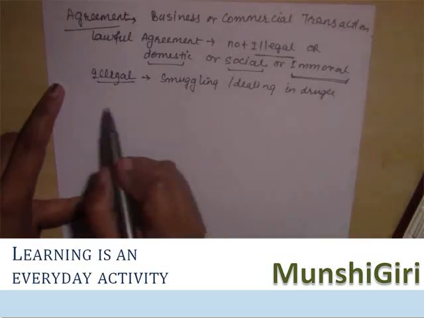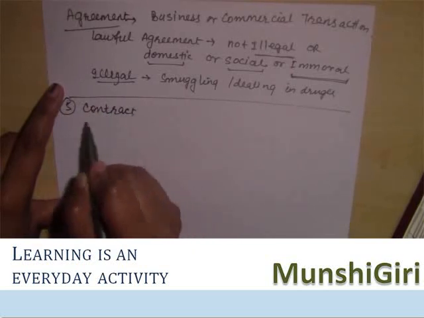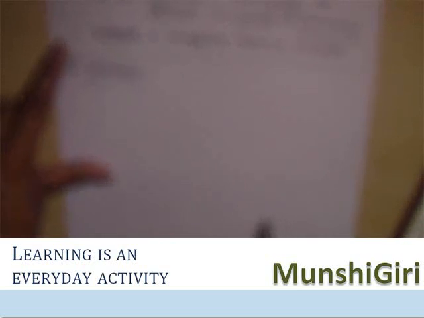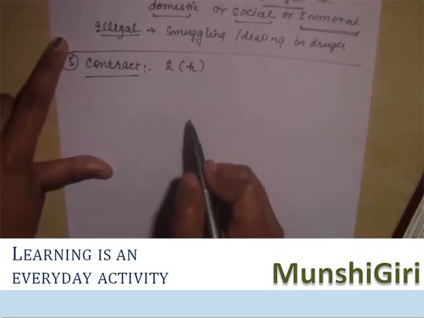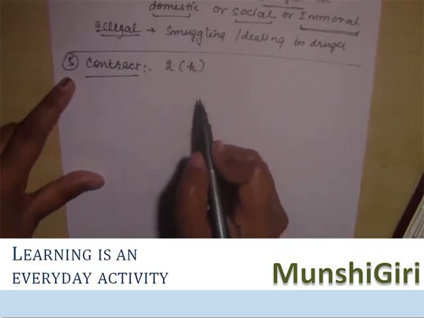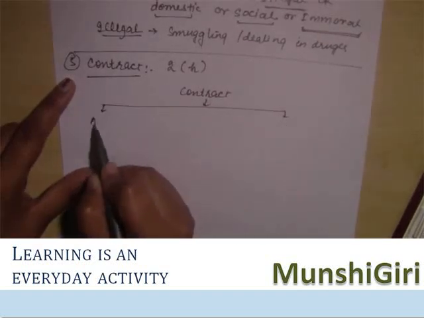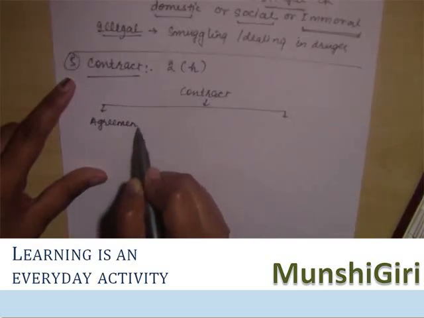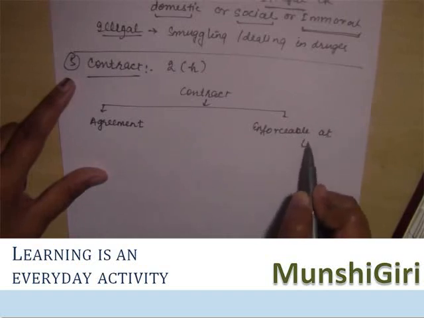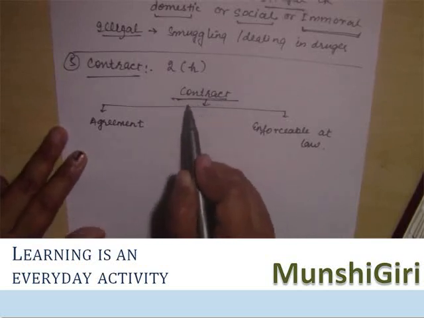Coming back to the last definition in this tutorial, that is contract. This is the fifth definition we are covering here. The contract has been defined under section 2 clause H of the Indian Contract Act 1872. It says an agreement enforceable at law is a contract. So we can make out from here every contract is an agreement.